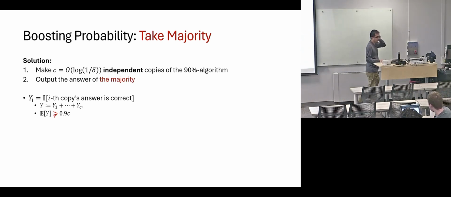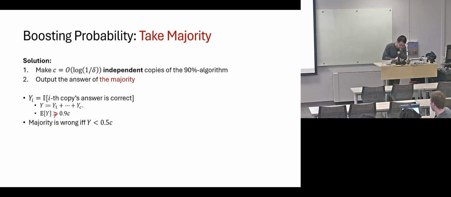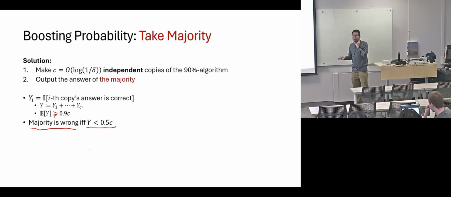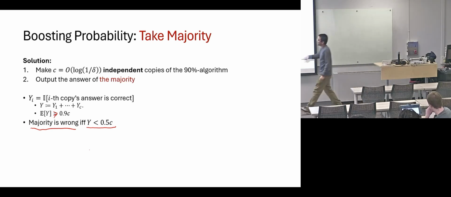But if the majority is wrong, it means that y is less than 0.5 c, meaning more than half of the copies are wrong, so the correct ones are less than half of all the copies.